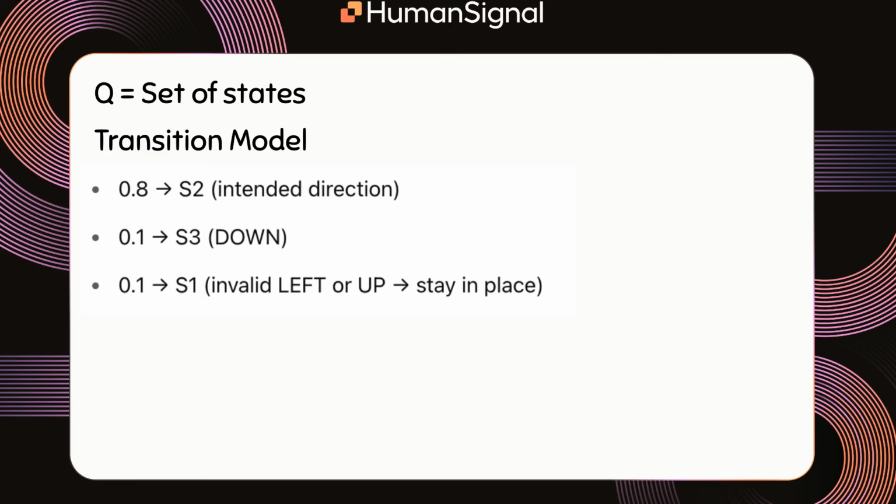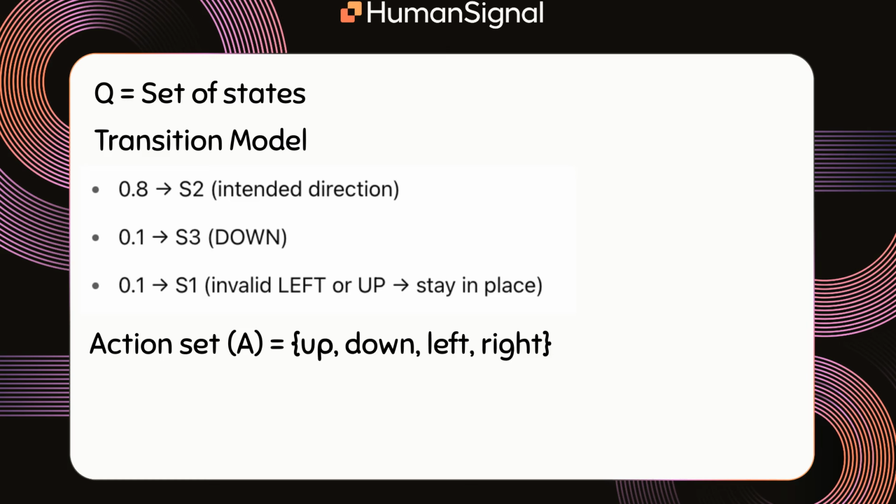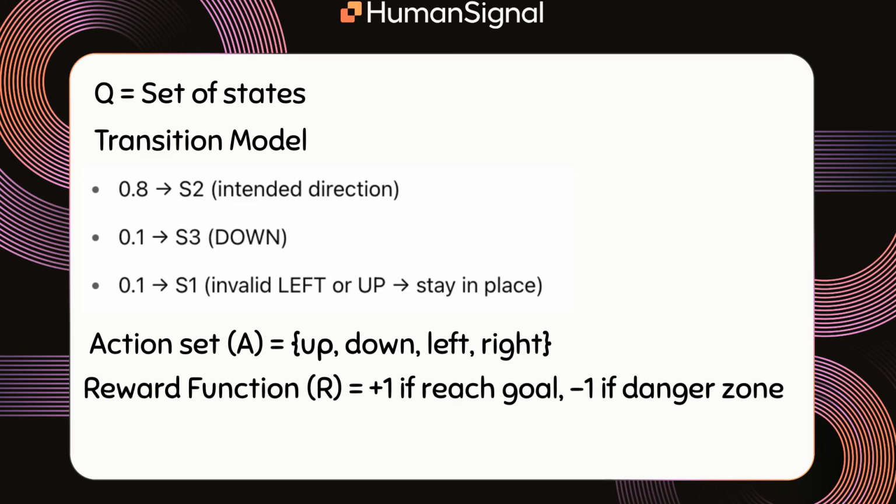There are a few other key components of a Markov decision process. The action set, which in this case we use big A for, tells us all the different actions that the agent of a system can take at any given time. There's also the reward function, big R, which models if the action that the agent took was good or bad. This is defined by the writer of a system on a case-by-case basis, depending on what they want to optimize the agent to do.